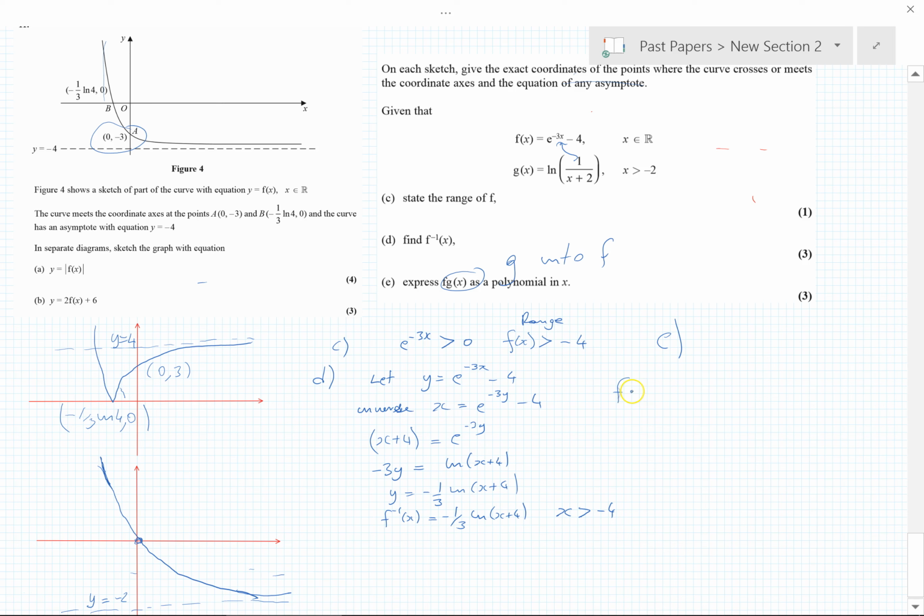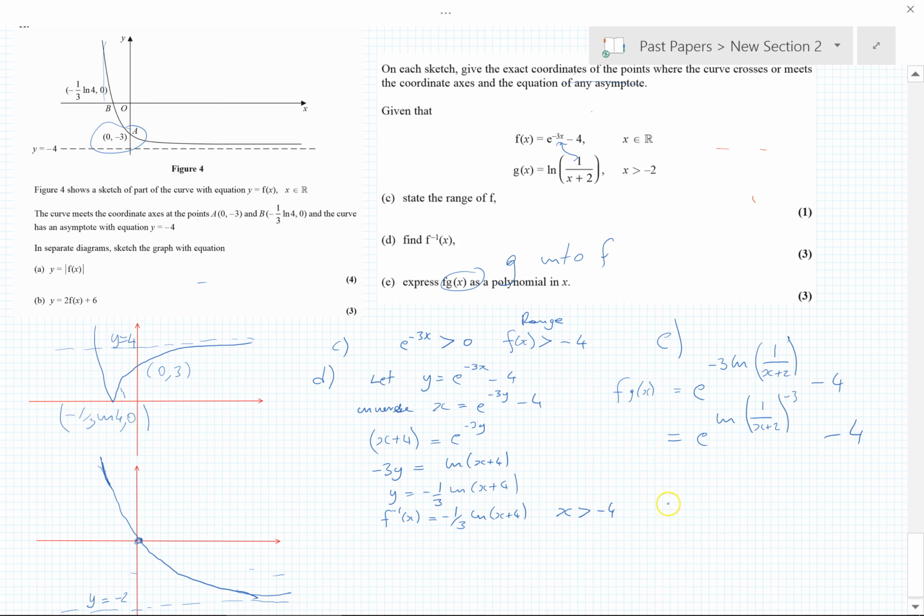So fg of x is going to look a bit unwieldy to start with. Minus 3 ln 1 over x plus 2, minus 4. So that equals e to the ln, using the rule of logs, 1 over x plus 2 to the power of minus 3, minus 4.